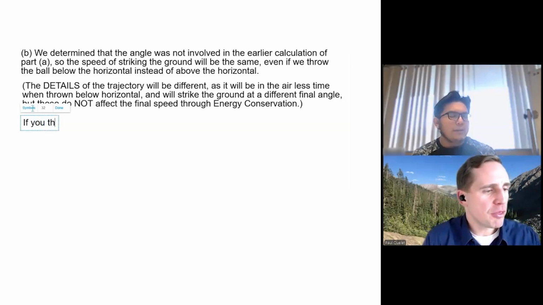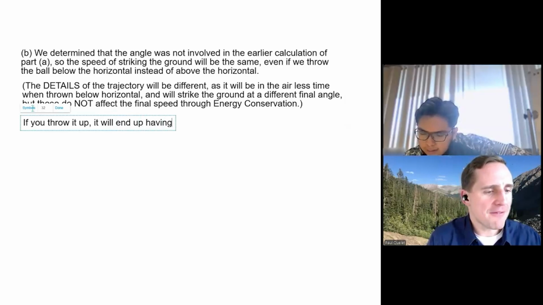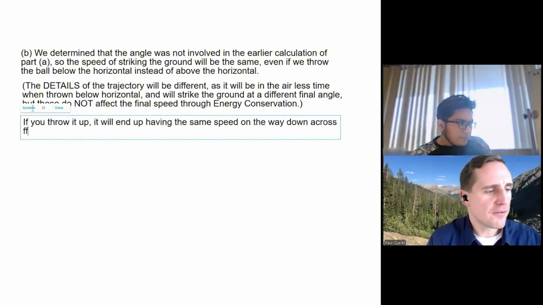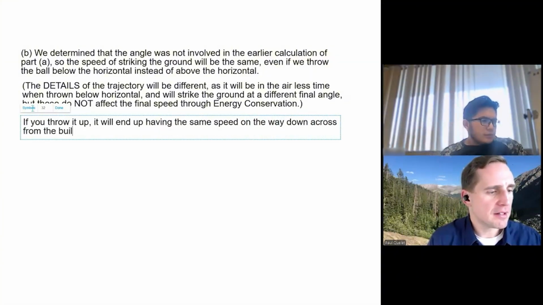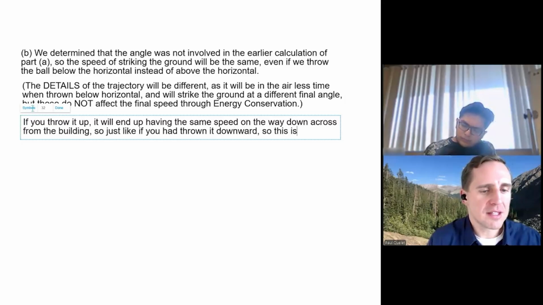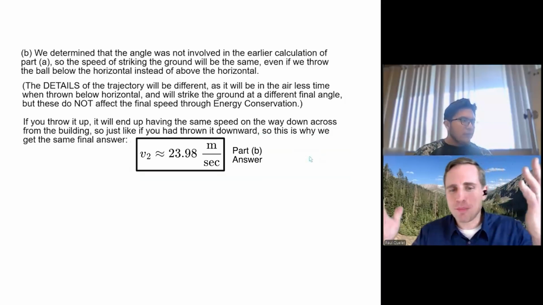So if you throw it up, it will end up having the same speed on the way down across from the building, just like if you had thrown it downward. So this is why we get the same final answer. We don't need to repeat the calculation.